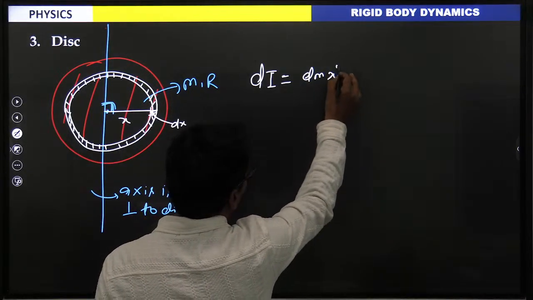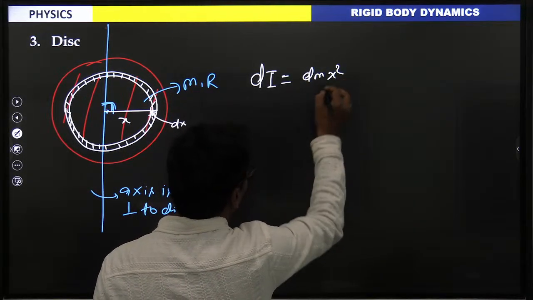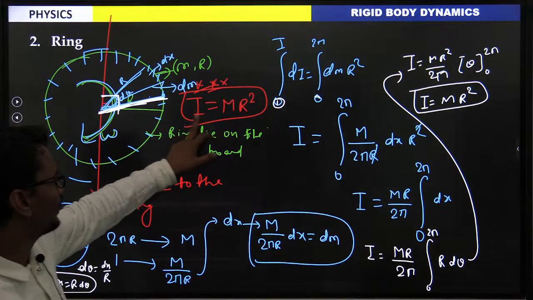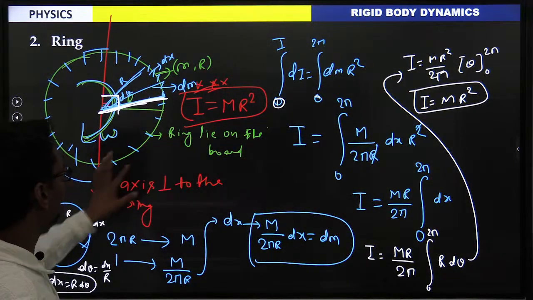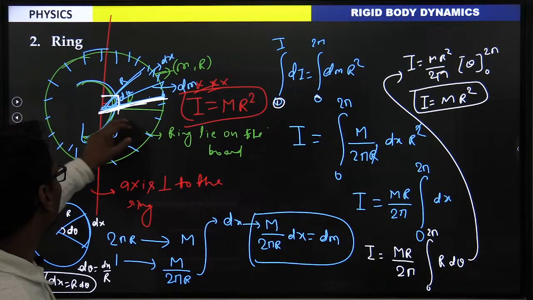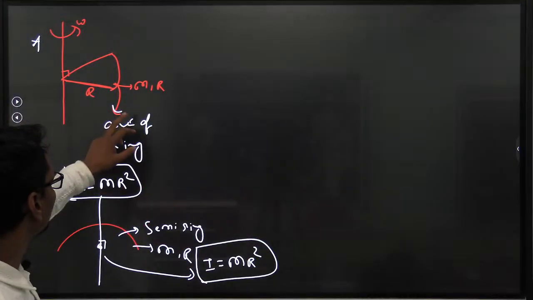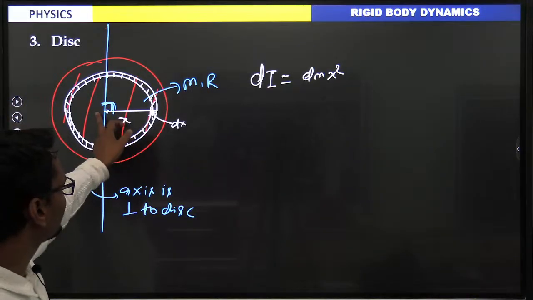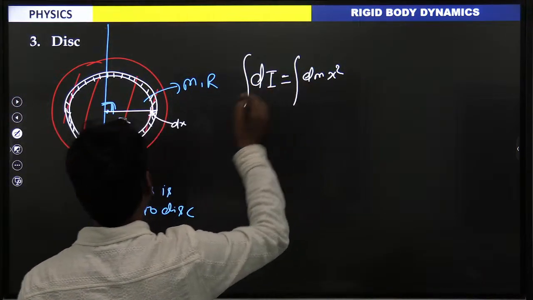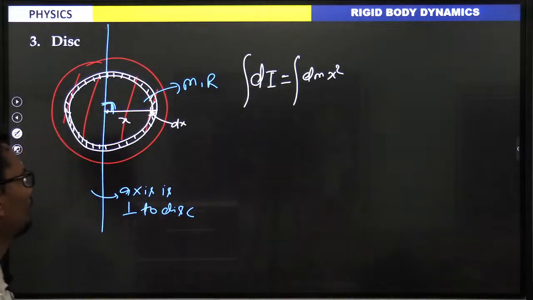We have already studied this in the previous slide, the ring slide. Here I equal to mr square means m is the mass of the ring and r is the perpendicular distance of the ring from the axis. Similarly here the perpendicular distance of the ring from the axis is x, so dI is equal to dm x square, and we simply need to find dm, and then we can find the moment of inertia of this disc about the axis.